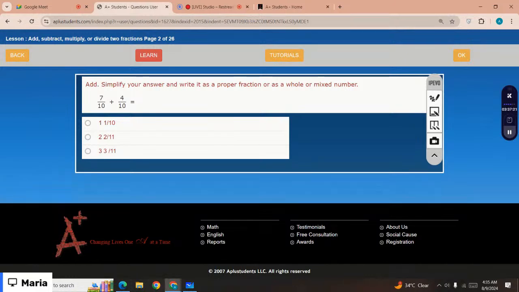That is 1 whole 1 over 10, which is the correct option. Very good.